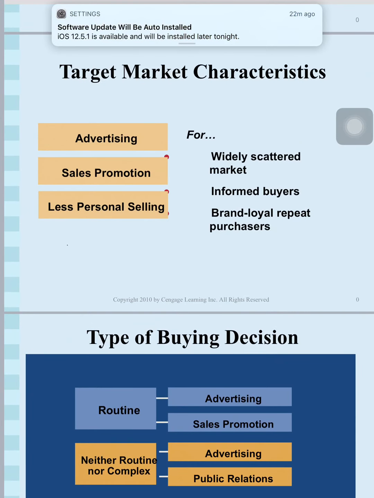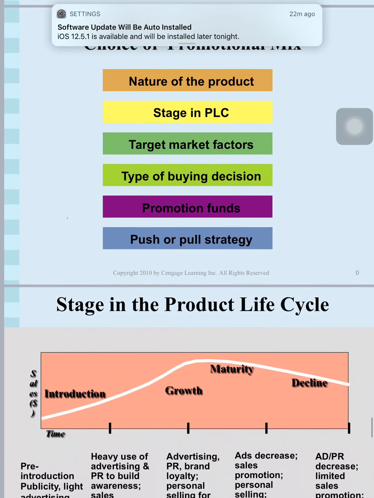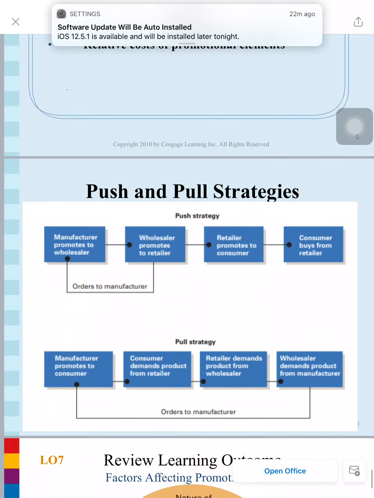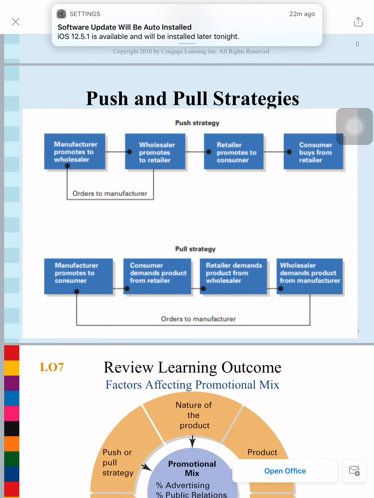Next is push or pull strategy. In a push strategy, the manufacturer may use aggressive personal selling and trade advertising to convince. The manufacturer promotes to the wholesaler, the wholesaler promotes to the retailer, the retailer promotes to the consumer, and the consumer buys from the retailer.